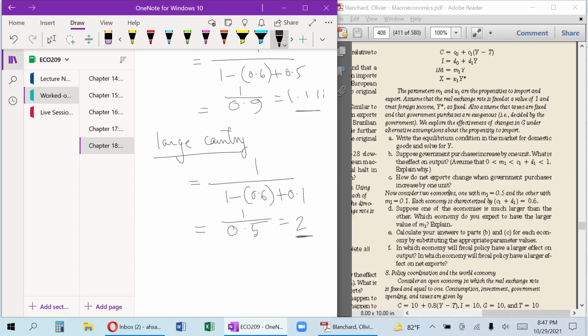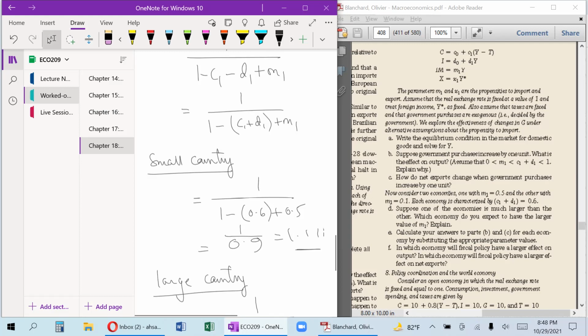That's the multiplier after all, right? The multiplier tells us that if there is a 1 unit change in the autonomous components, by how much will output change, which will always be more than 1. So that's what we've established here. This was the recalculation of part B.